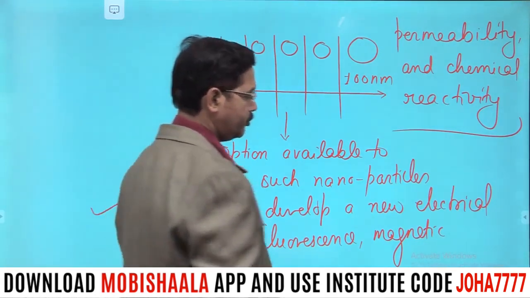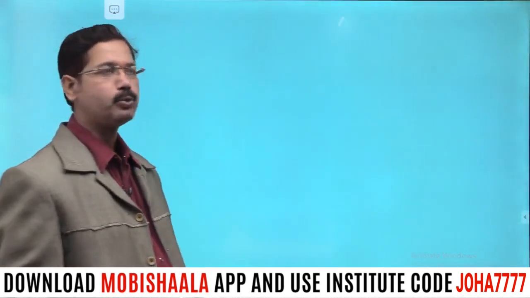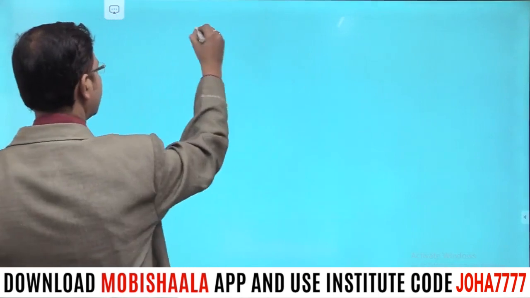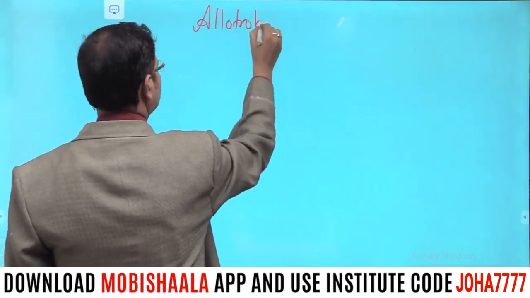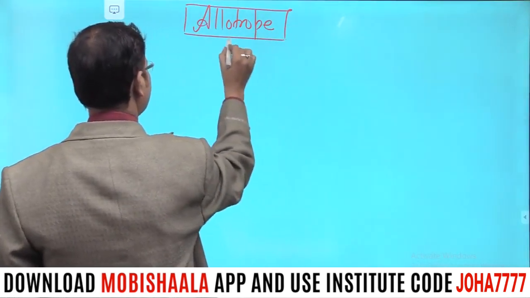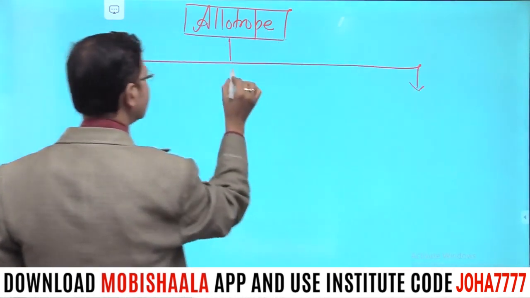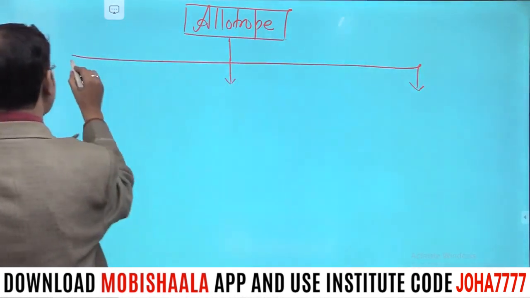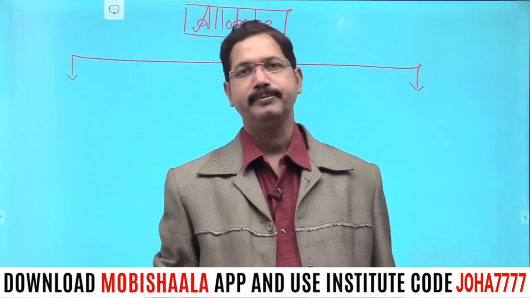Now I will discuss one more example and its use, that is allotropes of carbon, based on the arrangement of carbon atoms. You know, in the last class I told you there are 3 allotropes of carbon.